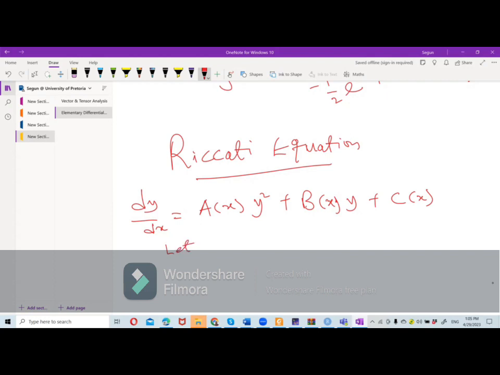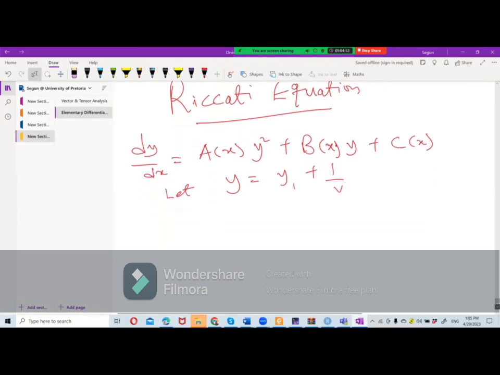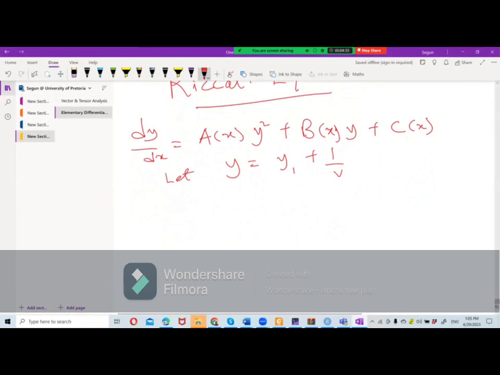Let y equals y1 plus 1 all over v, where v equals v of x, then y1 is the particular solution. So now we can proceed.